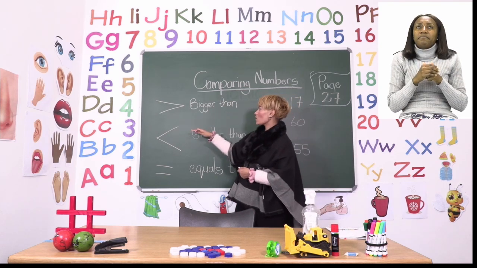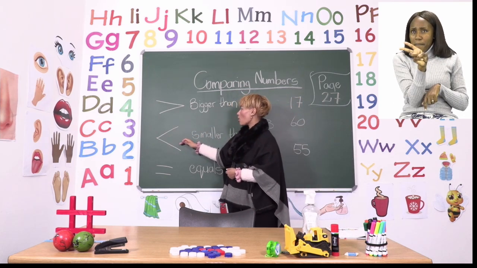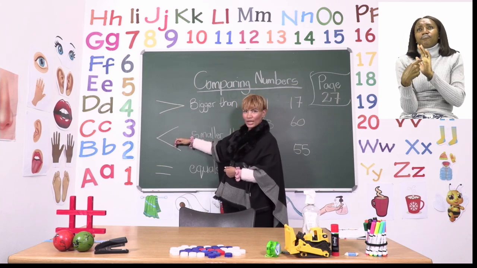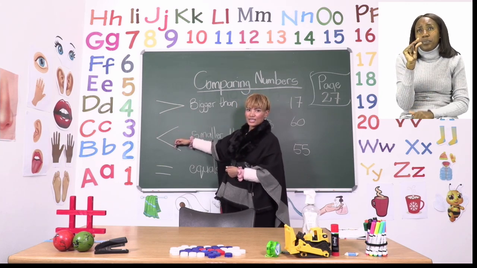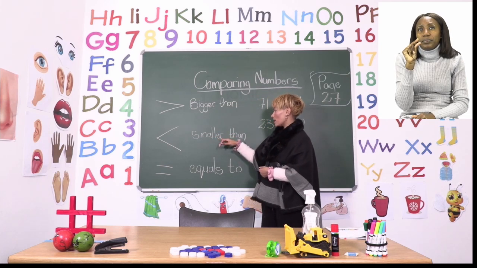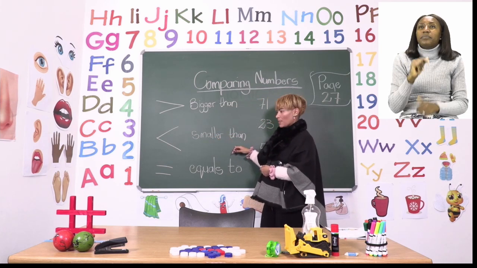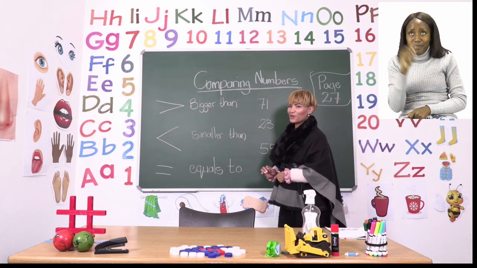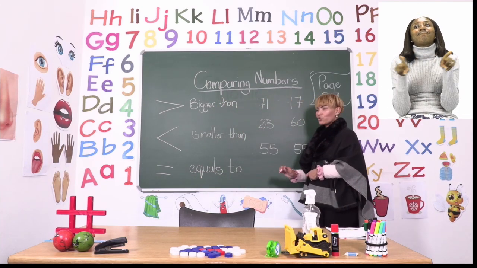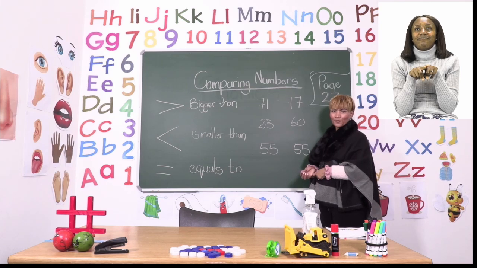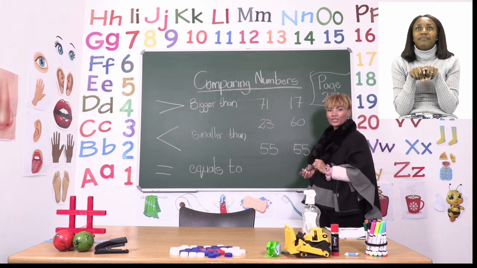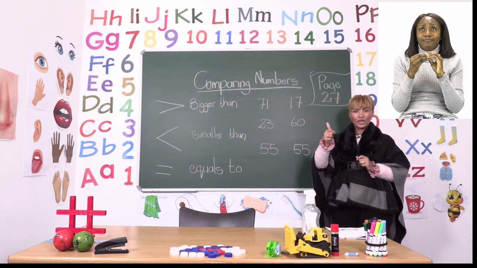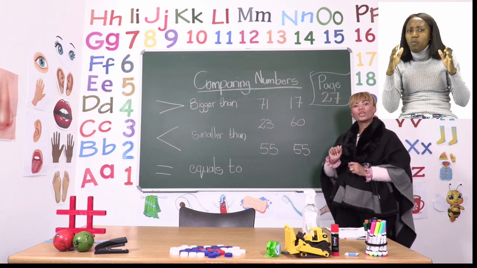If you find the next one which opens to the opposite side of the first one, like this, then this sign means smaller than. And then the next one, which I think you are more familiar with, is our equals to sign. So when we compare numbers, we look at, is the first number bigger than, smaller than, or equals to the next number?